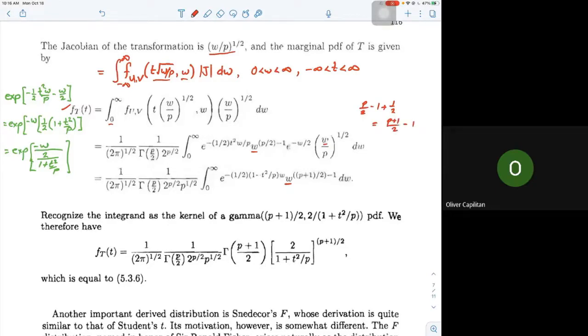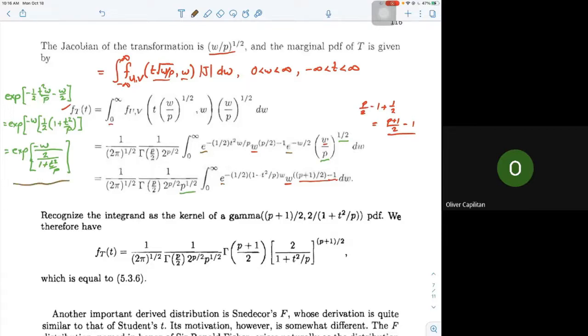So this is now its power, P over 2 minus 1, that's for W. This P is now P to the 1/2. And then for T, in the exponential, we have the exponential. Simplifying, we have this result. This is our explanation for that.